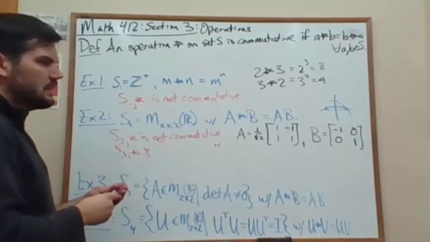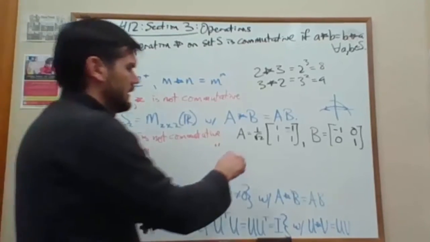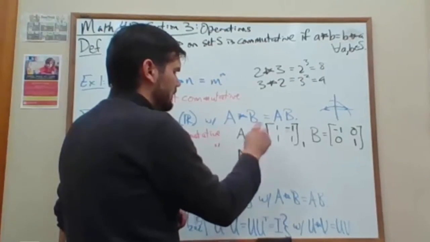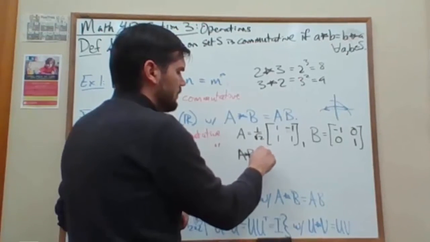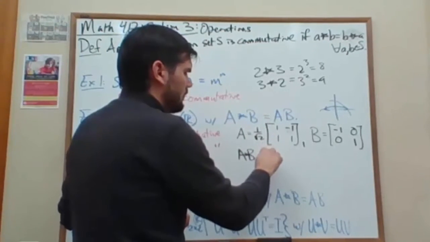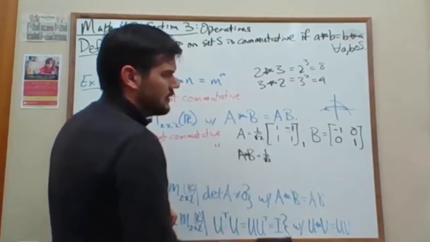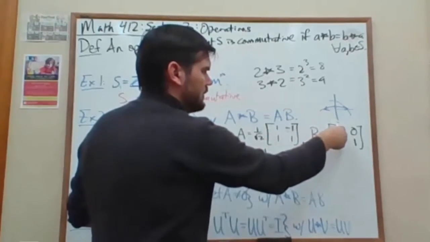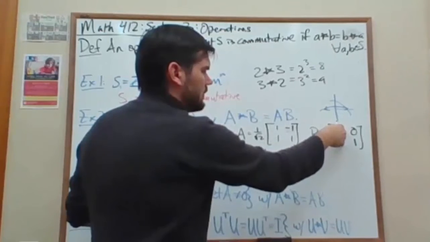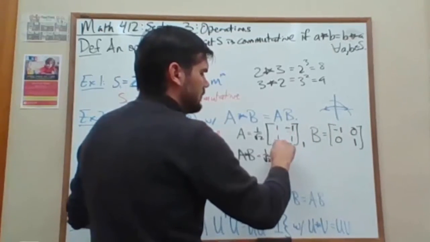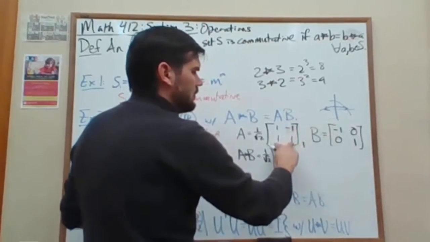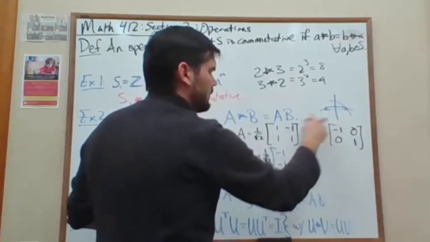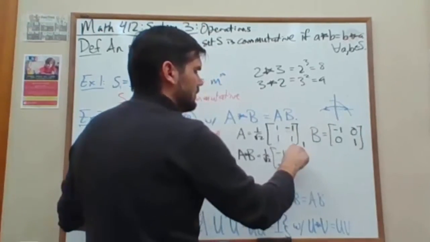Yeah, okay. So let's try looking at the two orderings. So I'm going to multiply in. Get a -1, -1, -1, 1.